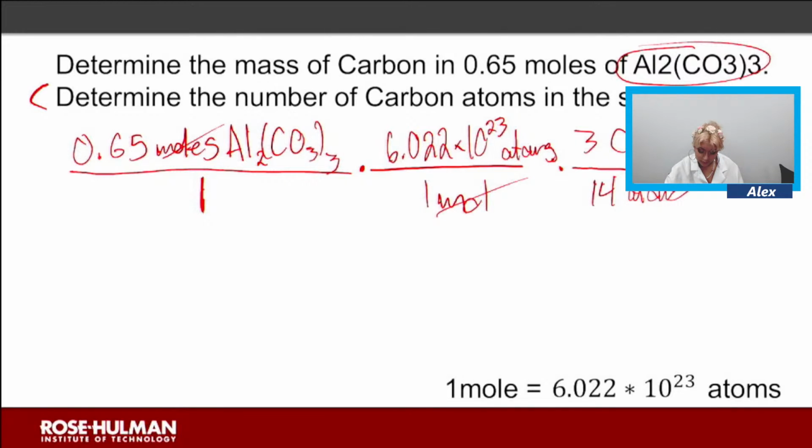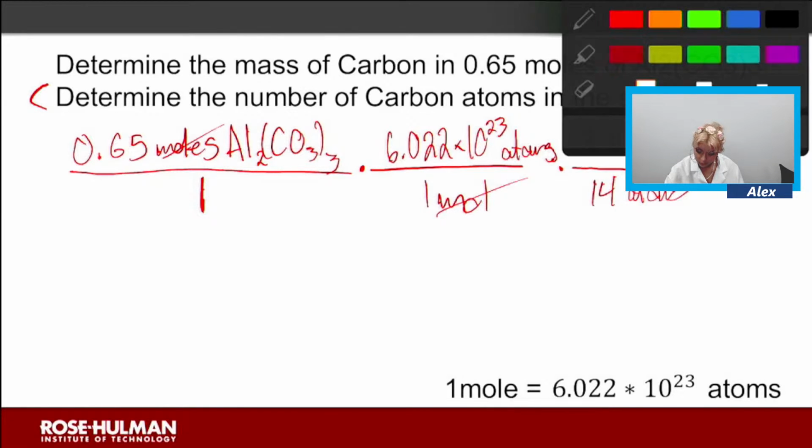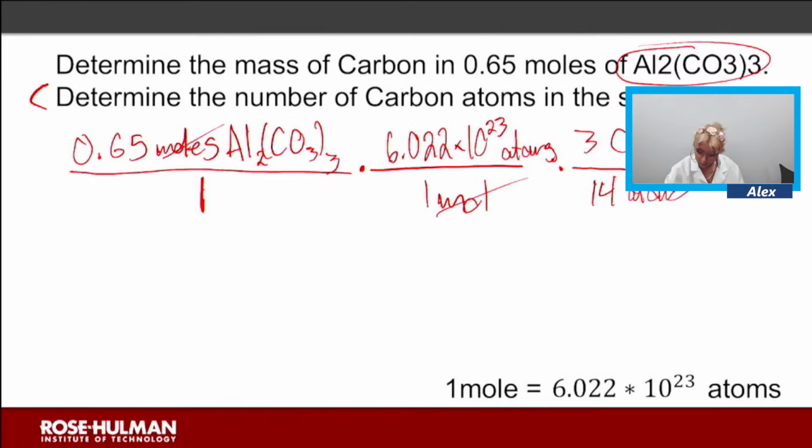That gives us 8.388 times 10 to the 22 carbon atoms. That's how many carbon atoms there are in 0.65 moles of that compound.